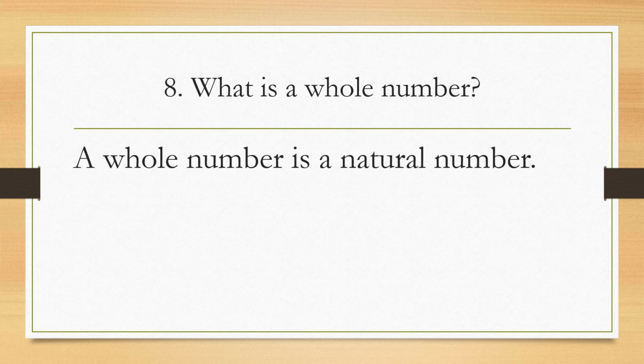So examples of natural numbers are 0, 1, 2, 3, and going up 4, 5, 6, 7, 8, 9, 10, 11, and then going up. Okay, so these are called natural numbers. Again, whole numbers are natural numbers or exact numbers.